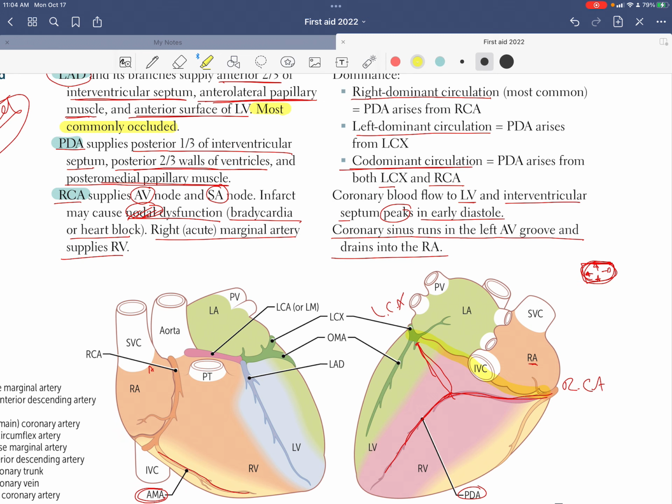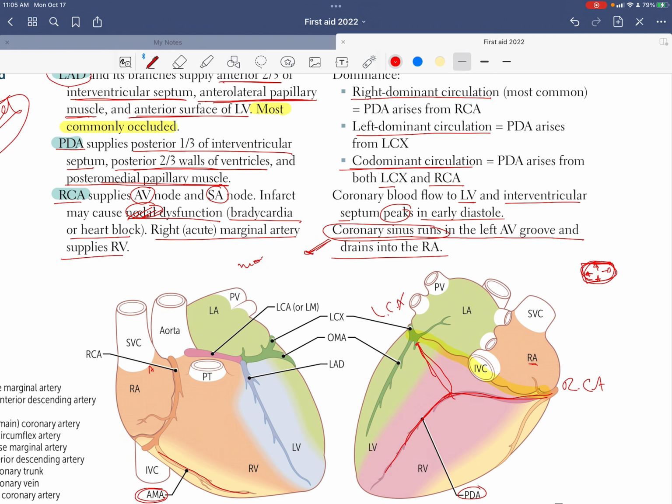While the coronary sinus runs in the left AV groove and drains into the right atrium. So basically, this is the AV groove, the atrioventricular groove, and it takes all of the blood from the coronary veins and drains into the coronary sinus.